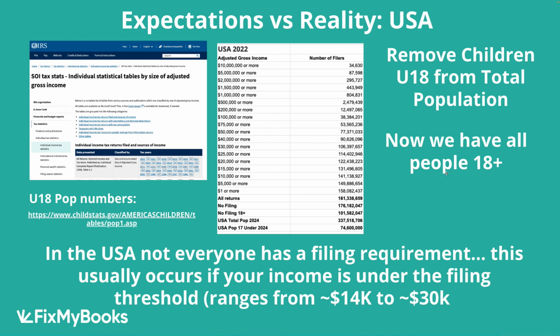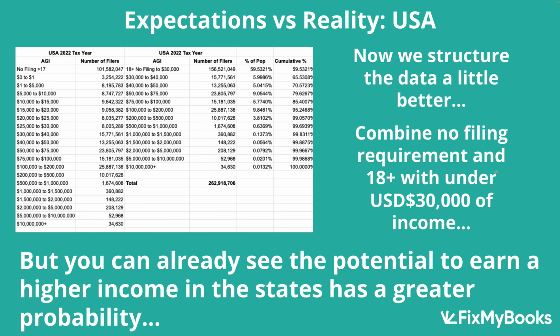You may have other types of income which would force a filing requirement, but generally if you've got W-2 income within these ranges, you're not going to have to file anything. Some people obviously file for $1 or more, 5,000 or more, because they want to get their refunds. But there are people that just don't want to file.